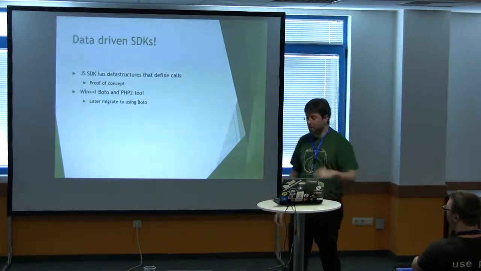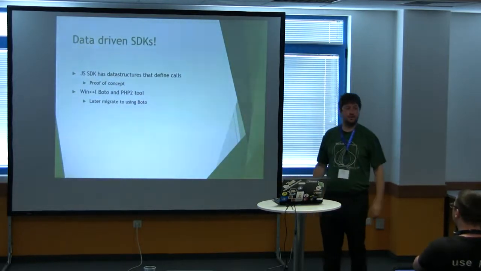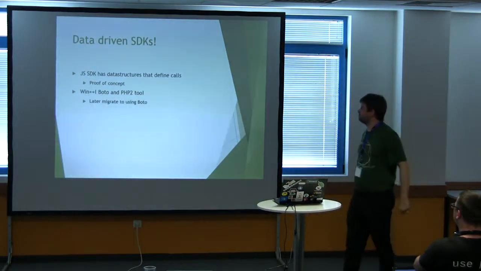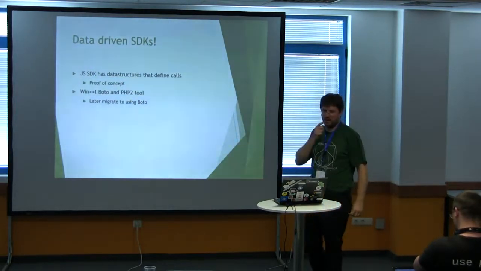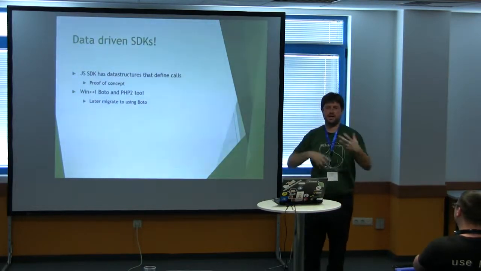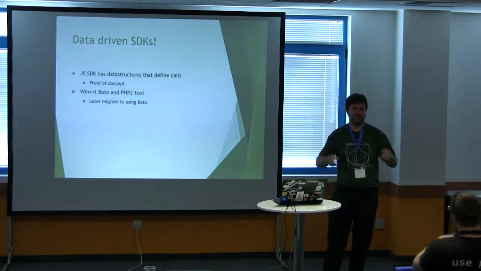So we found the first one, the JavaScript SDK, and we were like, yes. But there wasn't sufficient information in them. So we had to start inventing lots of information. There weren't class names, for example.